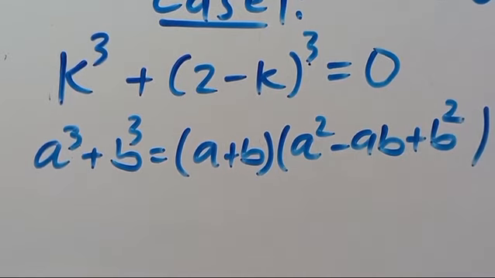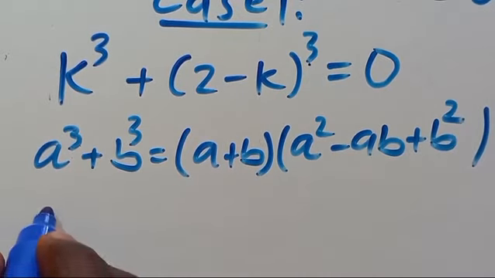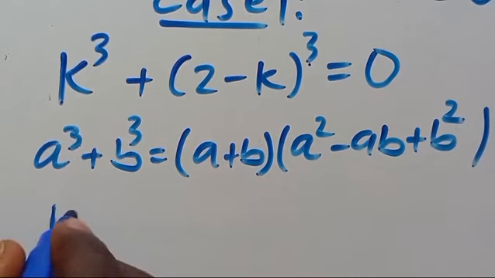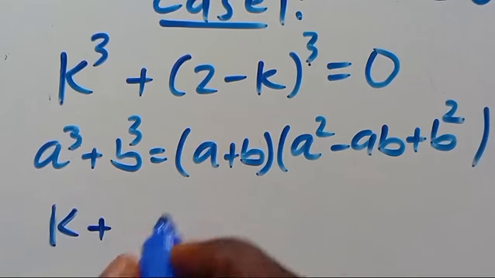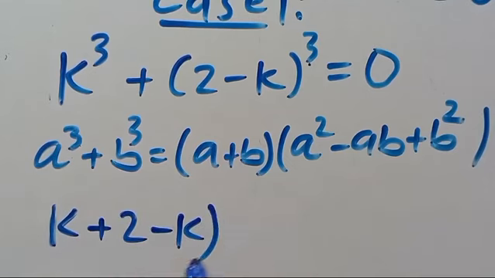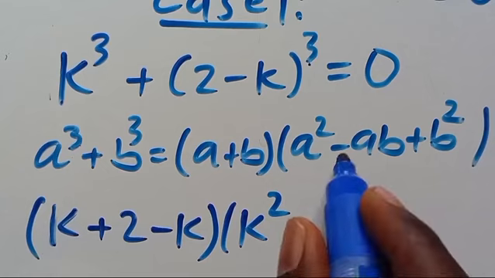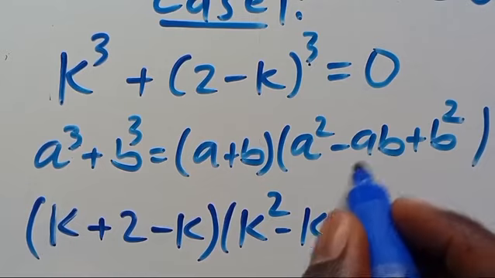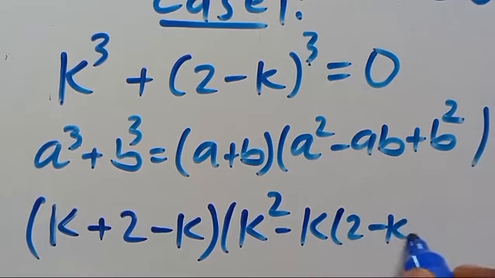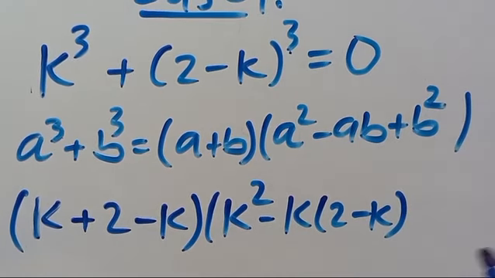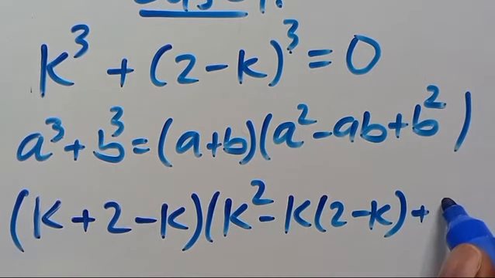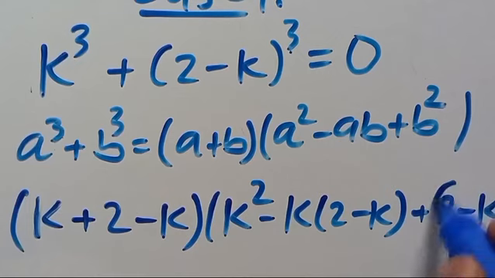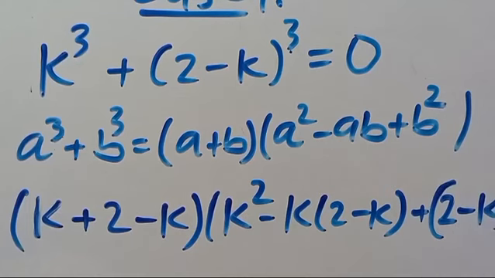So when we apply this here, we are going to have k plus (2 minus k), then multiplied by k square minus k times (2 minus k), where a is k and b is 2 minus k, then plus (2 minus k) square, then everything equals 0.